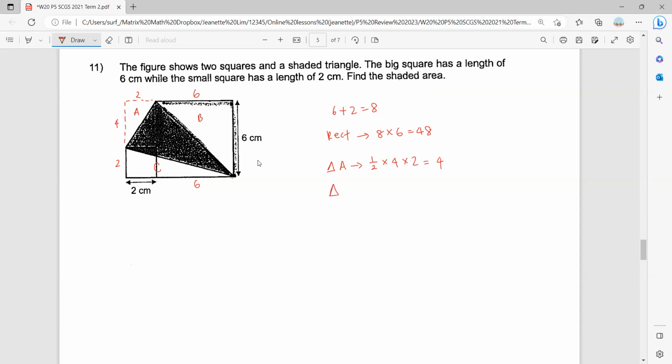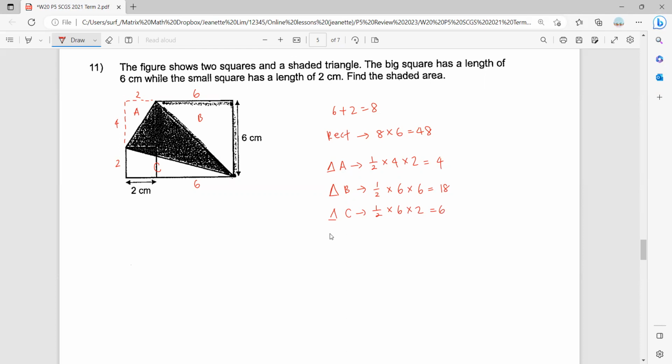What I'm actually trying to do is take the whole rectangle minus ABC to get my shaded part. To find area of triangle B, half times 6 times 6. Triangle C will be half times 6 times 2.